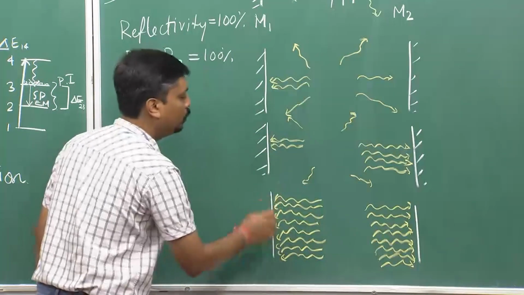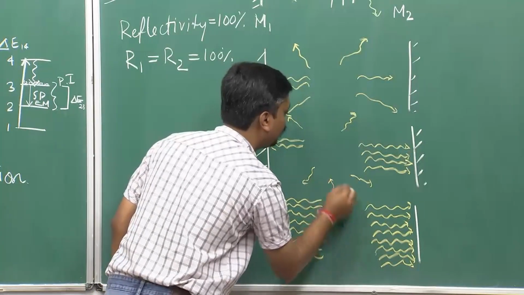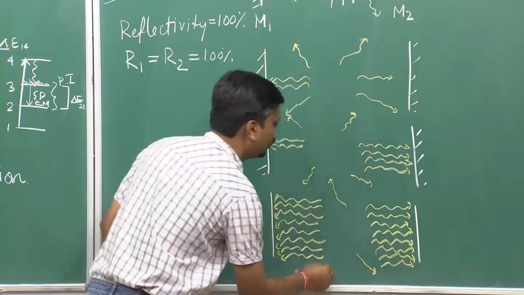So, these are all stimulated photons, and then as usual there will be some random spontaneous photons, right.